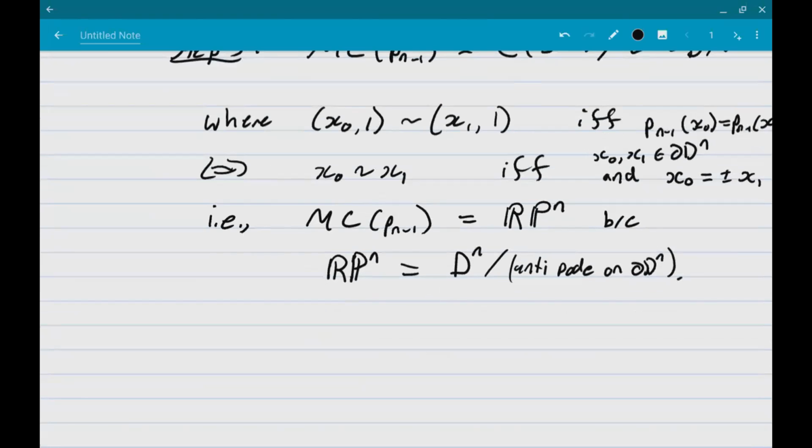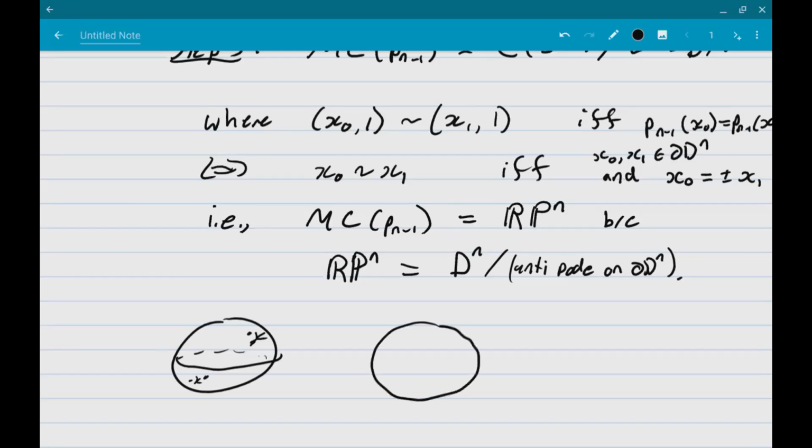So in case you haven't seen this before, one way that you've seen RP2 is as the sphere with opposite points identified, x and negative x identified. Well, if I want to draw a simpler version of all these equivalence classes, I could just draw a disk where the interior of the disk is identified with itself, and the boundary of the disk is identified with its antipode map.